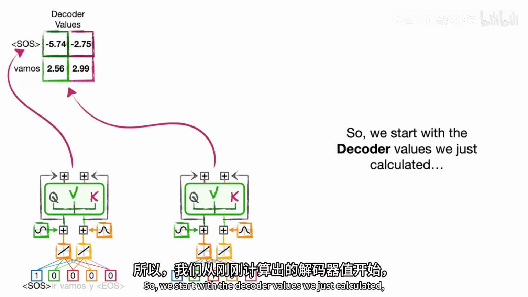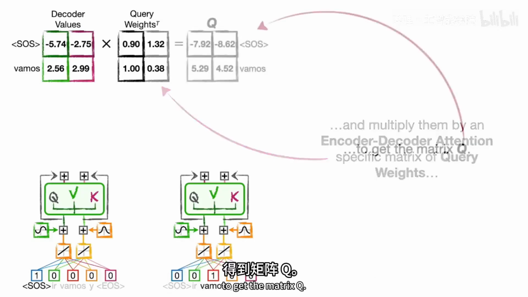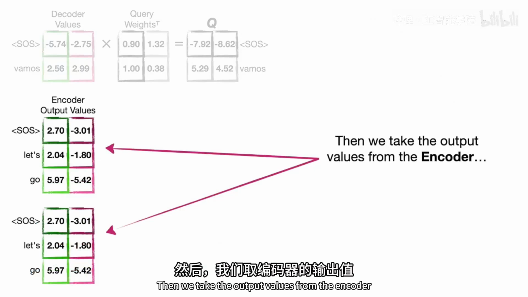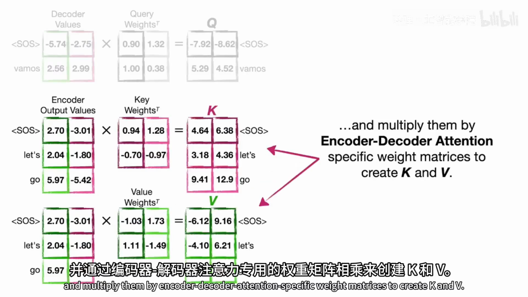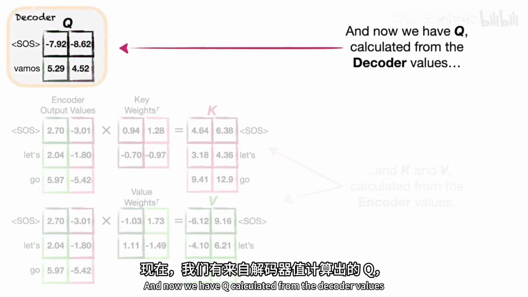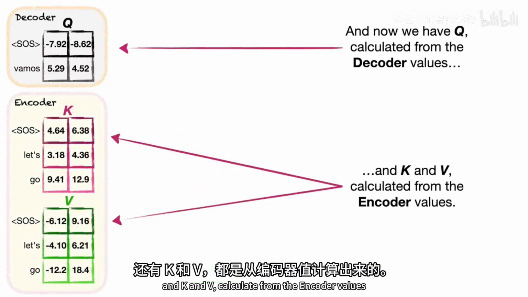So, we start with the decoder values we just calculated and multiply them by an encoder-decoder attention specific matrix of query weights to get the matrix Q. Then we take the output values from the encoder and multiply them by encoder-decoder attention-specific weight matrices to create K and V. And now we have Q calculated from the decoder values and K and V calculated from the encoder values.